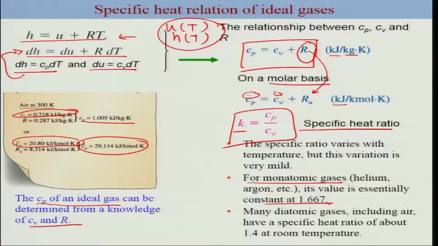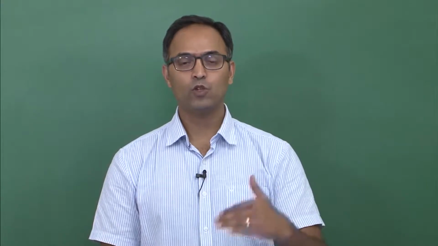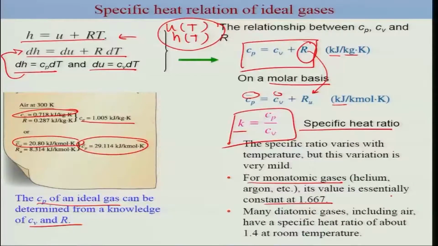You can relate this to the graph we used in the last lecture, where we showed that for monoatomic gas the Cp at very low pressure is almost constant with temperature, and for other gases the variation is very mild. For diatomic gases such as air, the specific heat ratio is around 1.4.